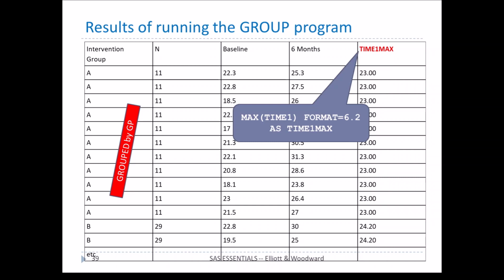Again, the group by causes it to separate those and give us the maximum for all of the values in time 1 for group A and then group B and so on. In fact, we can see probably in here somewhere 23 is the second to the last value in the A group.